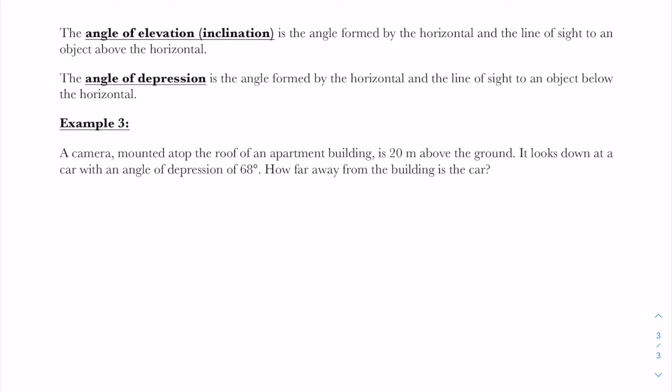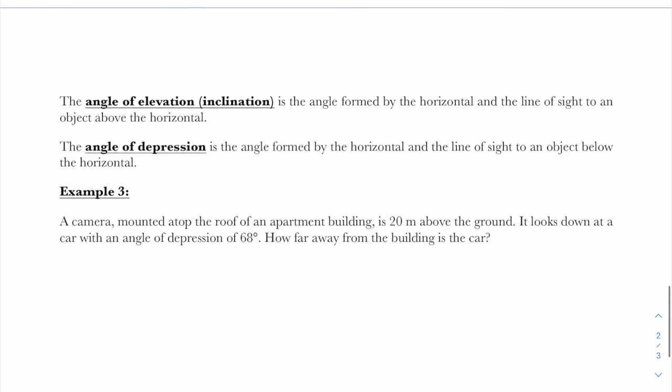Let me take this moment to remind you of some terminology from grade 10, angle of elevation and angle of depression. So the angle of elevation or inclination is defined to be the angle formed by a horizontal line and the line of sight to any object above the horizontal. Actually, let me make a sketch up here.